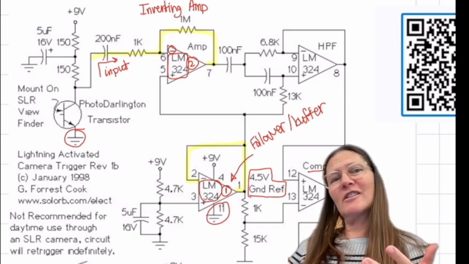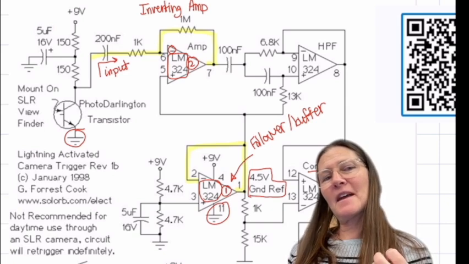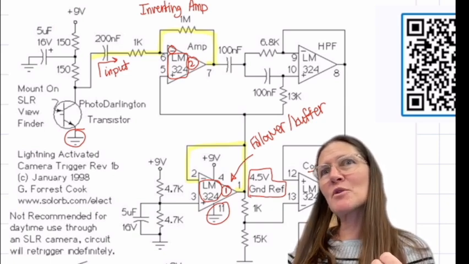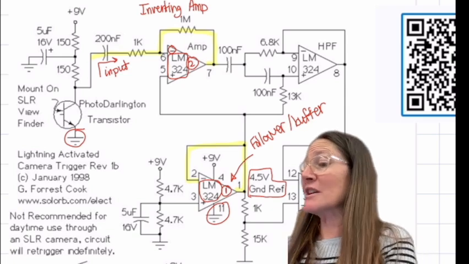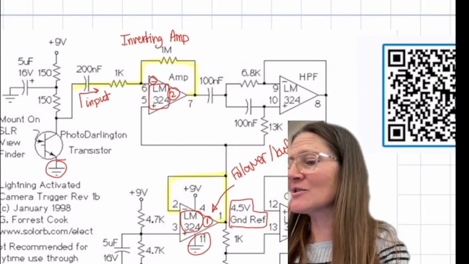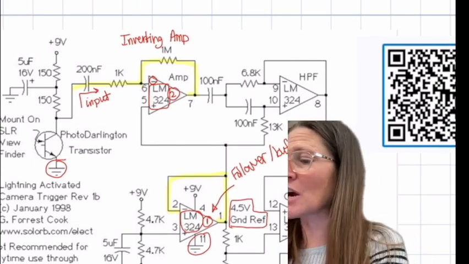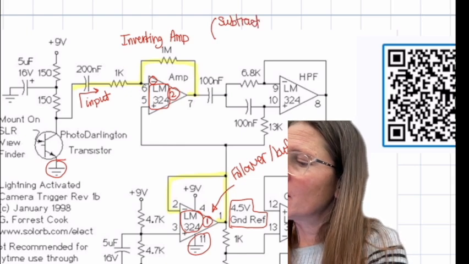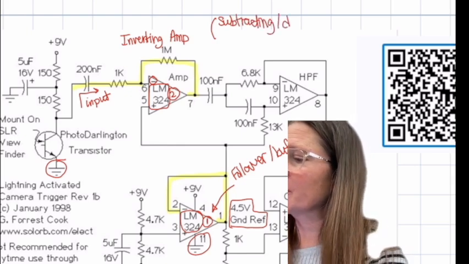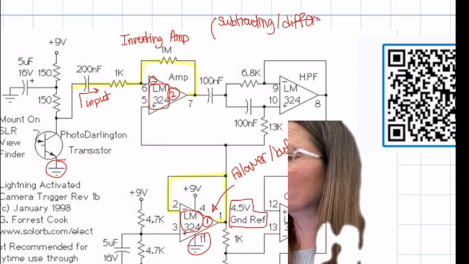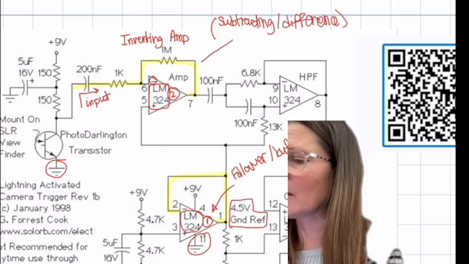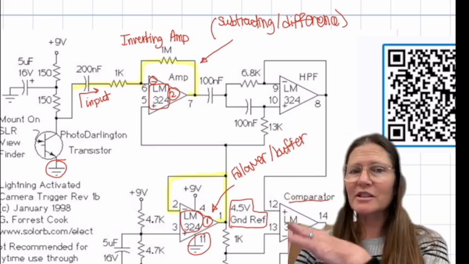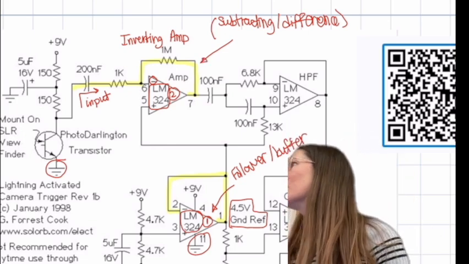How do I describe this? It would be acceptable to say that what it's doing here is a subtraction. Or difference amp would also be okay to say for this one, because it's taking the input signal and subtracting off 4.5 from it.